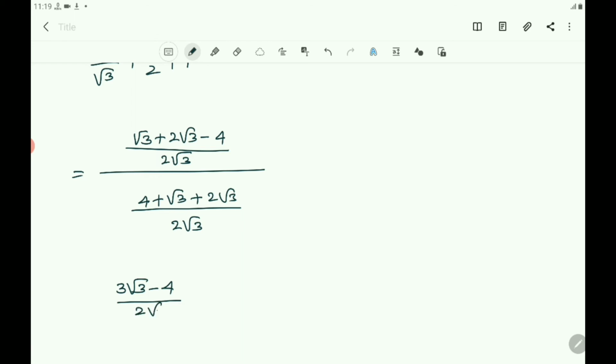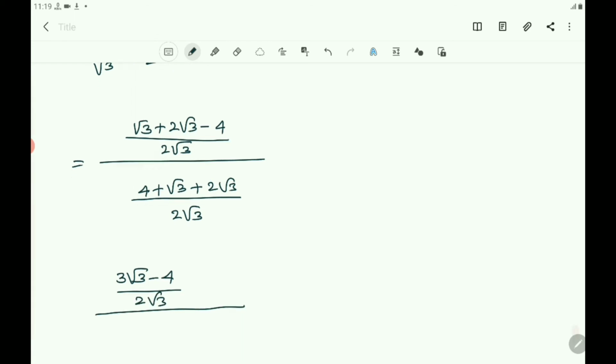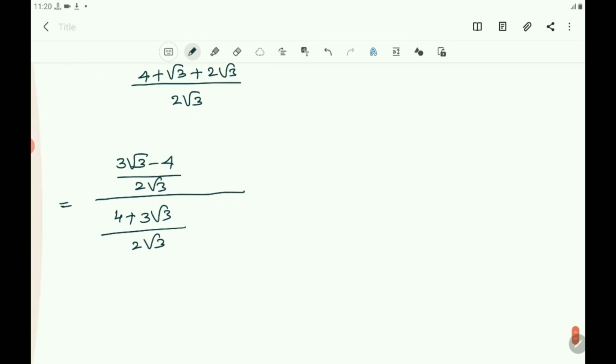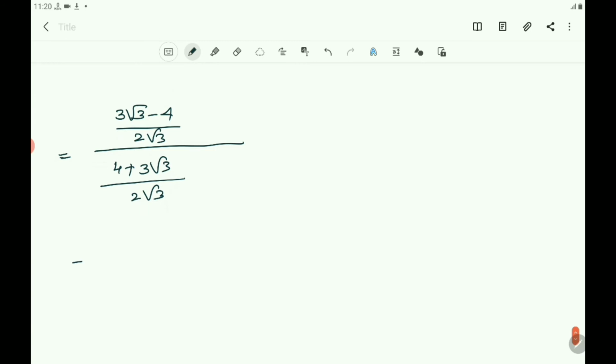So you get 3 root 3 minus 4 by 2 root 3, that whole divided by 4 plus the sum of root 3 and 2 root 3, which is 3 root 3, divided by 2 root 3. Next you take 3 root 3 minus 4 by 2 root 3 into the reciprocal of this one.